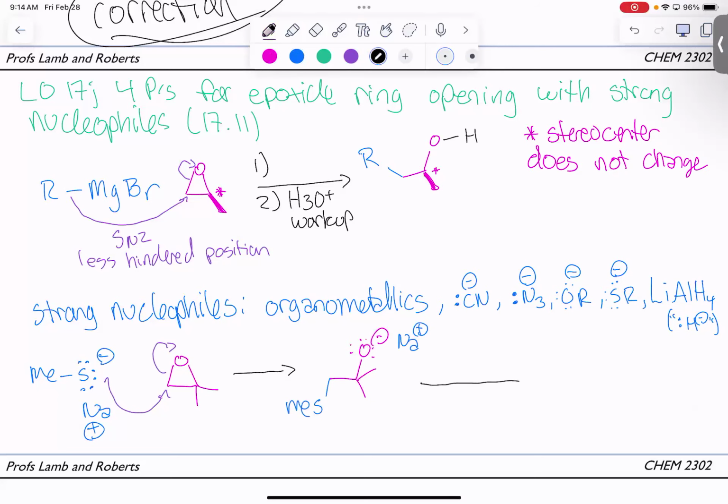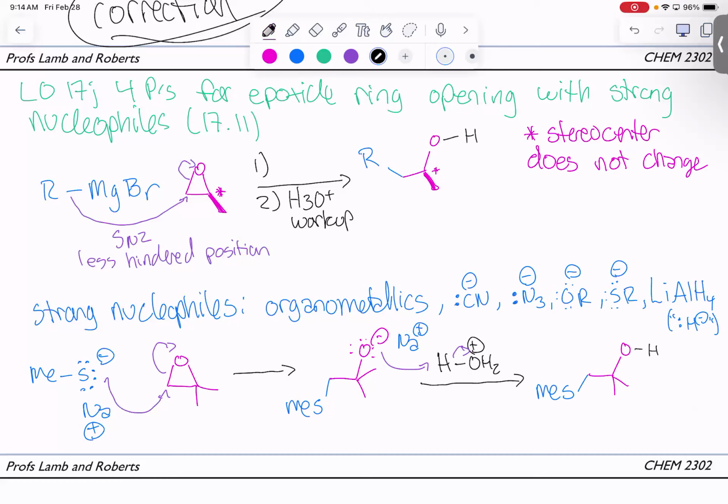Then of course we add H3O plus. We can protonate that alkoxide to give us our alcohol. This workup just allows us to have a neutral species that's now an alcohol.